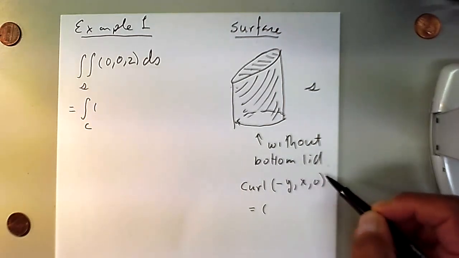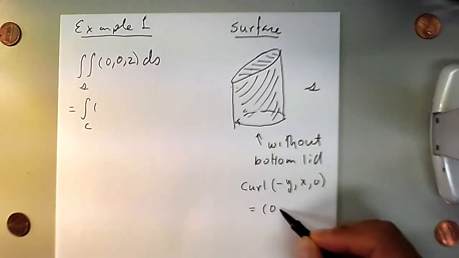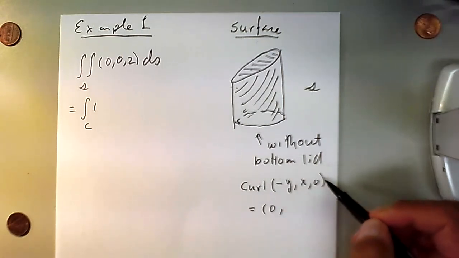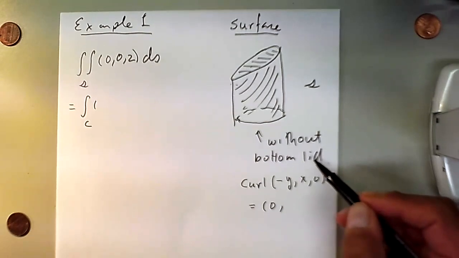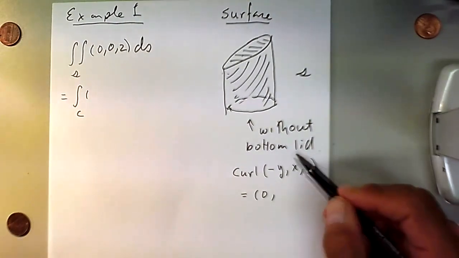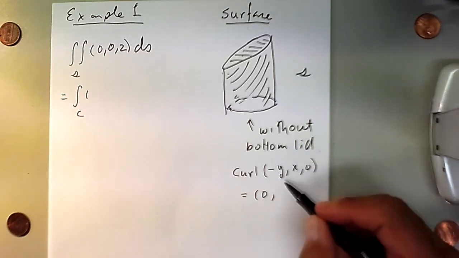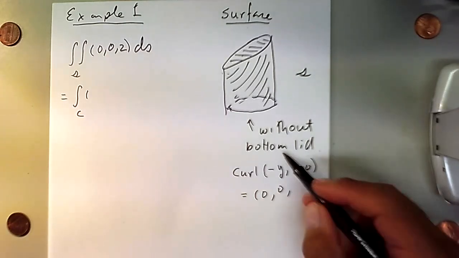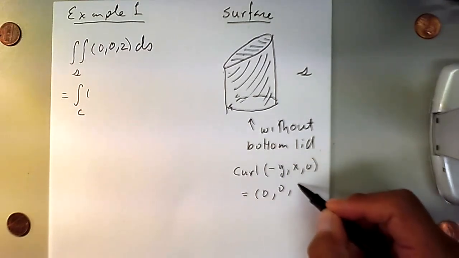So we would have 0, 0, because that would be the derivative of x with respect to z, which would be 0. Then we have 0, because the derivative of 0 is 0 regardless of the variable. And then the derivative of negative y with respect to z would be 0. And finally, the derivative of x with respect to x, that's 1.